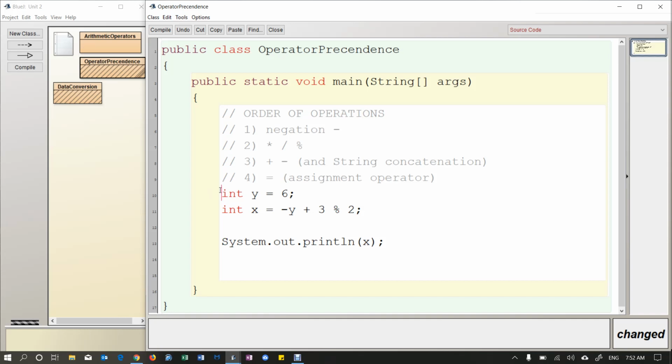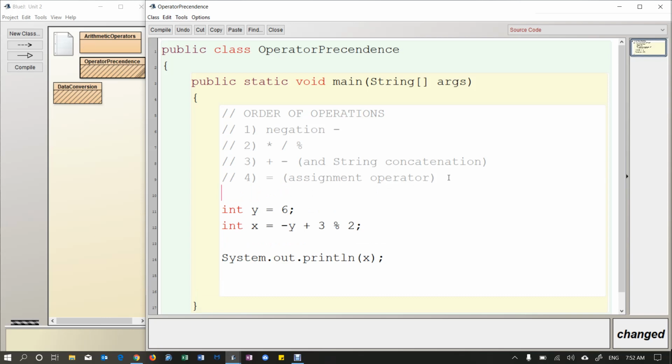So in this example, I'm assigning 6 to y. So y is a variable in RAM, and I'm assigning it the value of 6. So in computing, the equal sign actually means put this value inside this variable. So we're assigning this to this variable. Hopefully that makes sense.